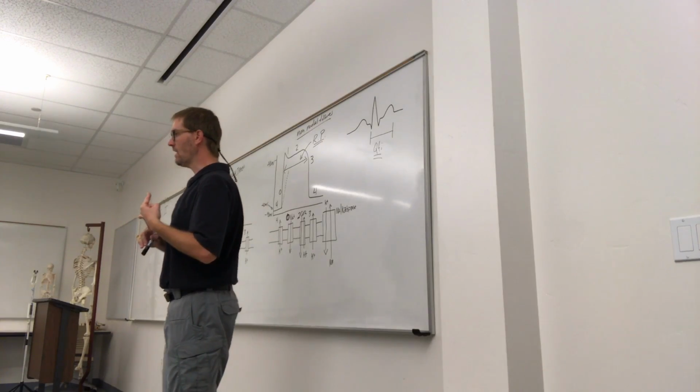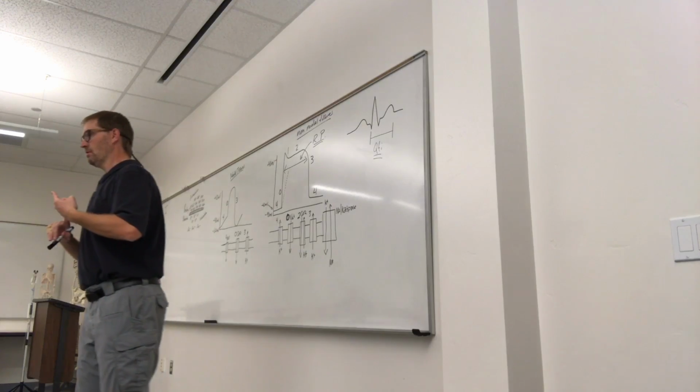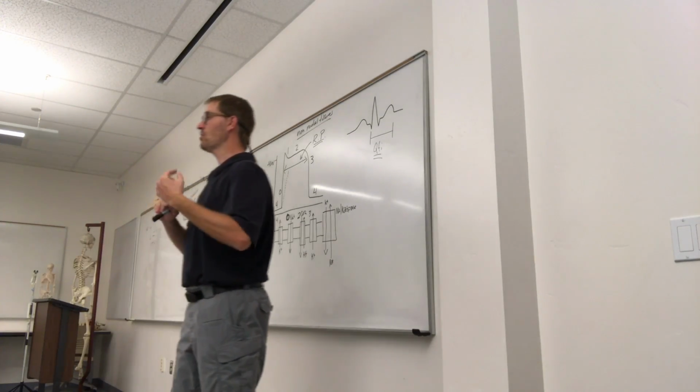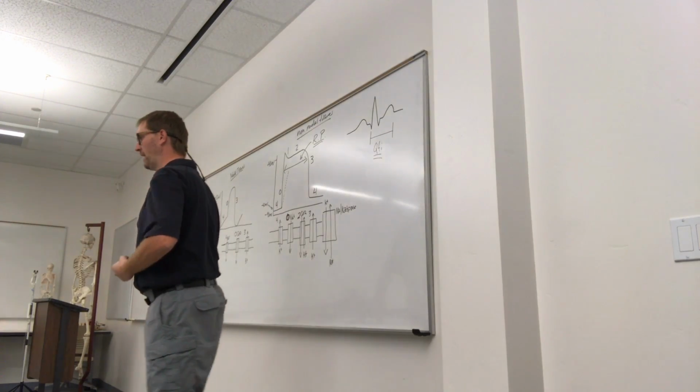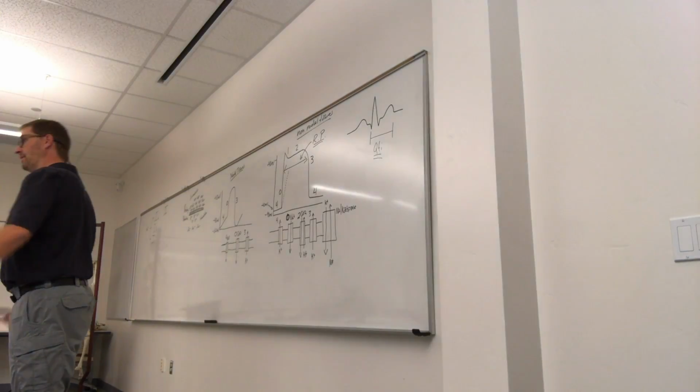Say they're in SVT and you want to treat that with a beta blocker. You definitely do not want to treat them with a non-selective one. Rather, you want to use a cardioselective beta blocker, like esmolol, for example, which would be a very highly selective one.